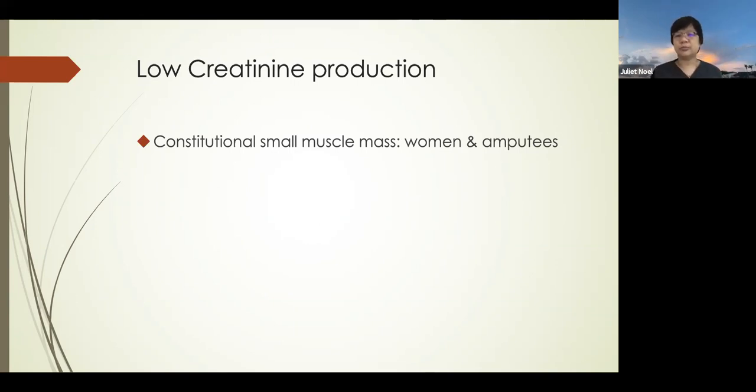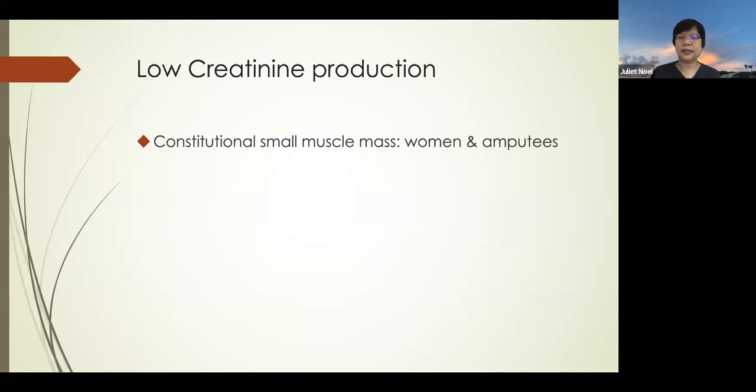Also in a very small female, maybe less than 50 kilos, with a creatinine above 1, you would have to investigate that the patient might have a kidney problem also. A creatinine of 1 in patients of different age and weight would mean a different estimated GFR.